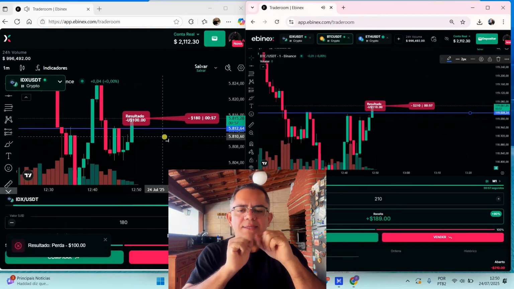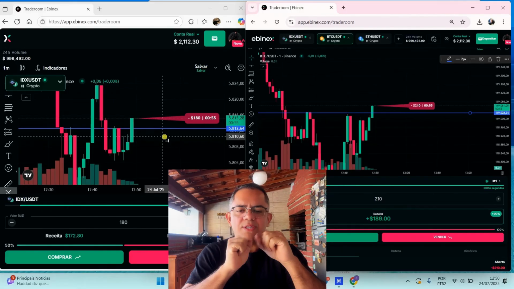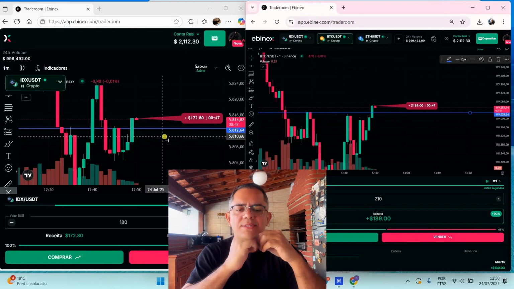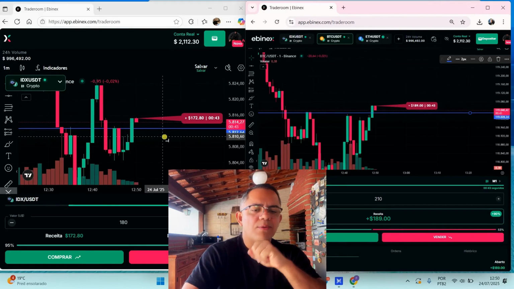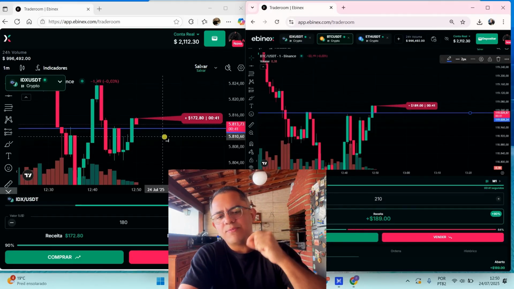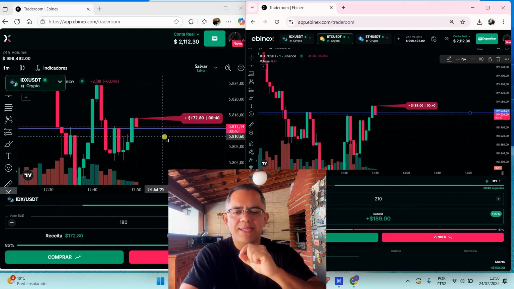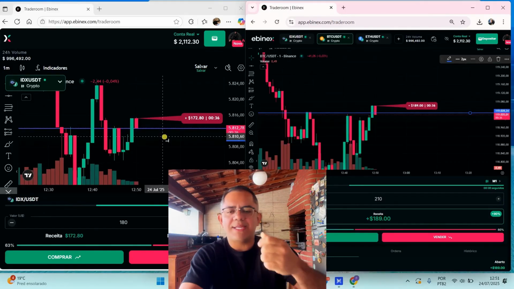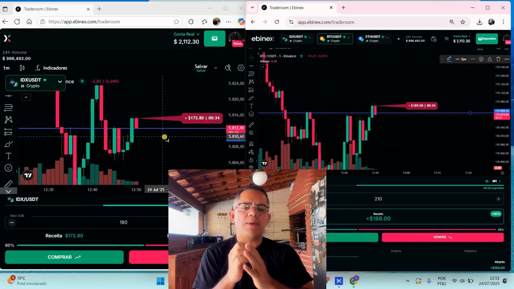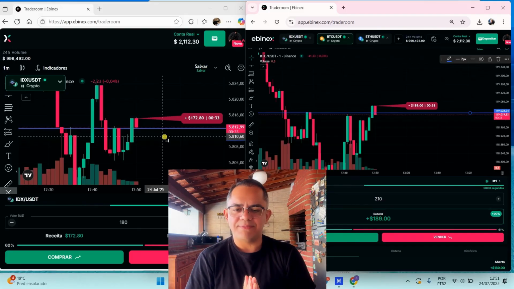Look at that, there it is, one entry lost. The idea now is that these two, which move the same way, both gave me a loss, and now they move in a direction that favors my strategy. Since the first entry both of them gave me a loss, and now here they come, both of them, pulled by the price action, because here I was trading based on strategy.